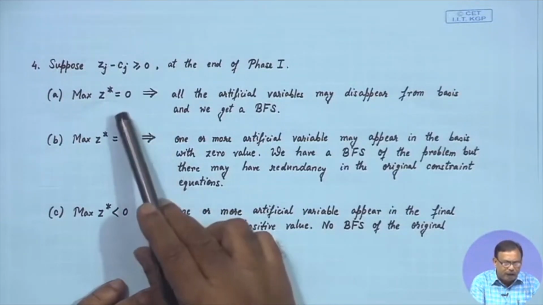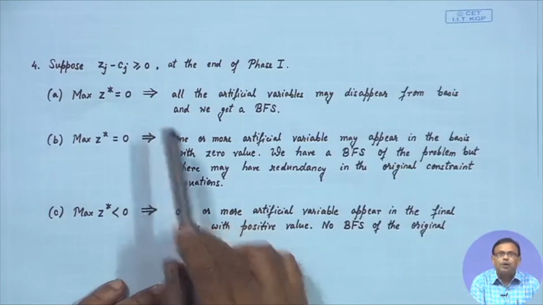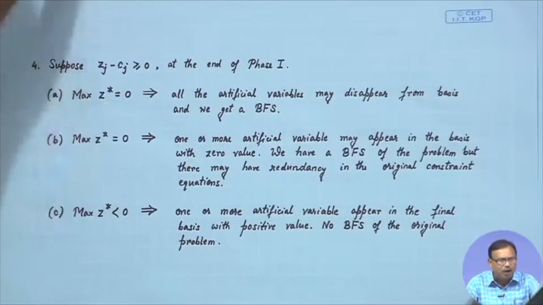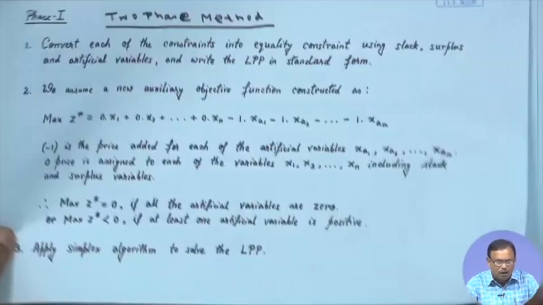Now, whenever maximum of z star equals 0, it means that all artificial variables may disappear from the basis, because it will be 0 only when the value of the artificial variables are 0.